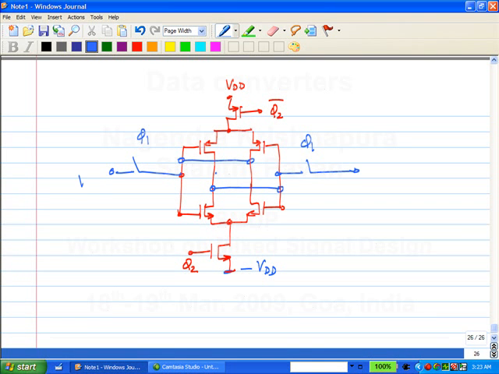And we need to add also one more thing, phi 3, which needs to short VA and VB. Is that clear?